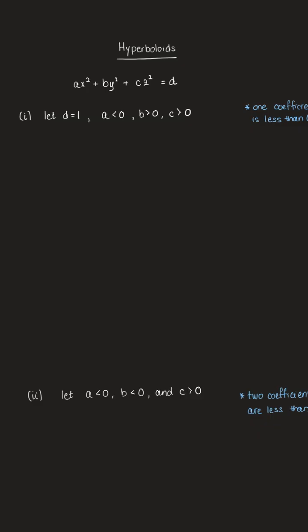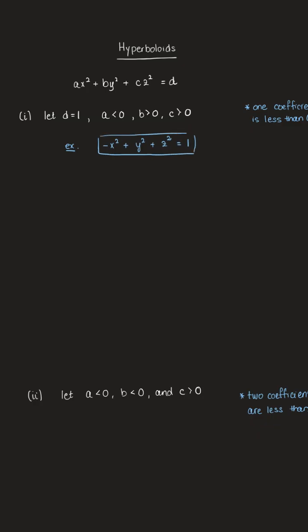So I'm going to start with a very easy example, letting a be negative 1 and b and c both be positive 1. So we have negative x squared plus y squared plus z squared equals 1. And we're going to use traces to figure out what kind of object we obtain from this equation. So here's our first example.